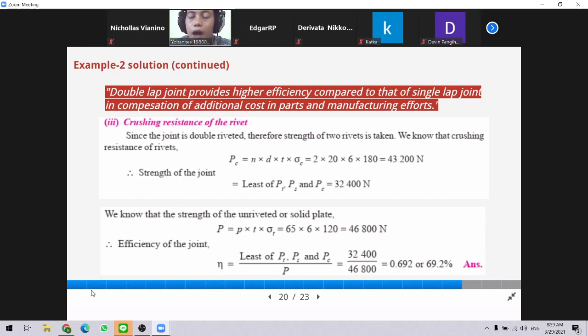This is higher than the previous one, than the single lap joint with single column of rivet. So the difference is that the double column rivet can have higher joint efficiency.